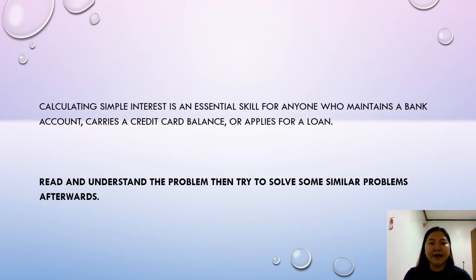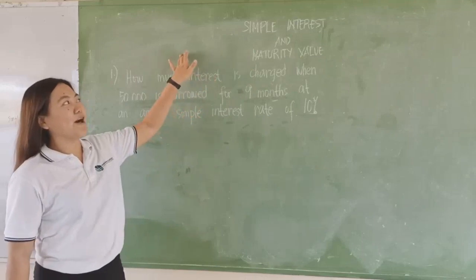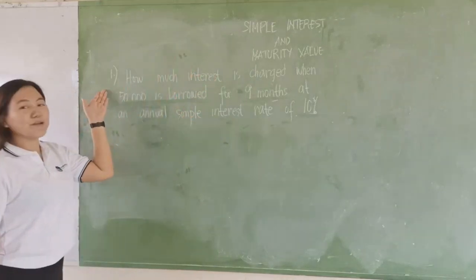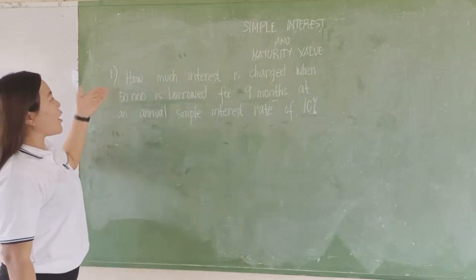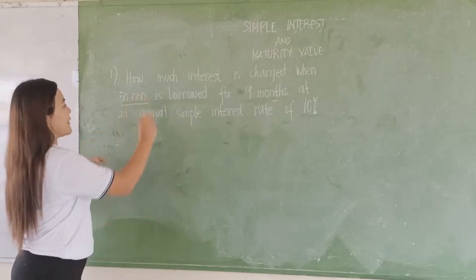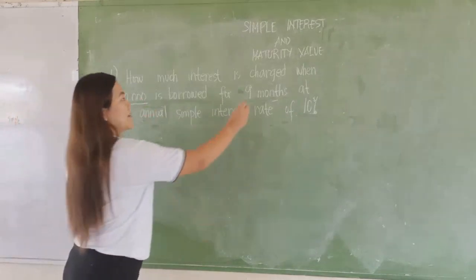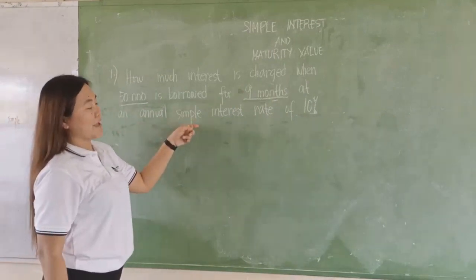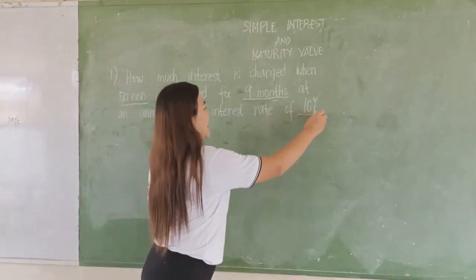So, let's have an example about the simple interest and maturity value. For example, number 1: how much interest is charged when 50,000 is borrowed for 9 months at an annual simple interest rate of 10%?